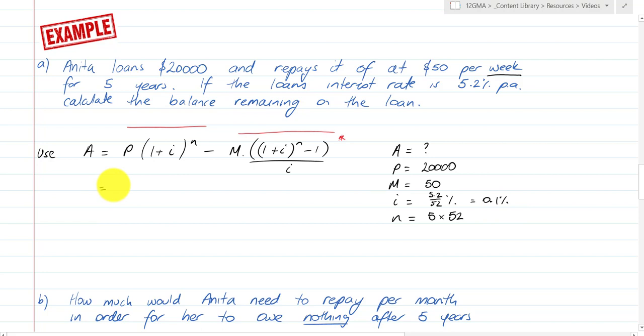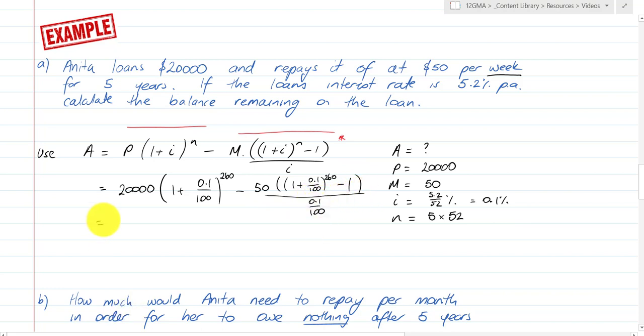So A is equal to 20,000 times by 1 plus, now 0.1%, it's still a percentage, 1 plus 0.1 over 100 to the power of n, which is 5 times 52, 260, minus M, which is your repayments, times by 1 plus 0.1 over 100 to the power of n, 260, minus 1, all over 0.1 over 100.